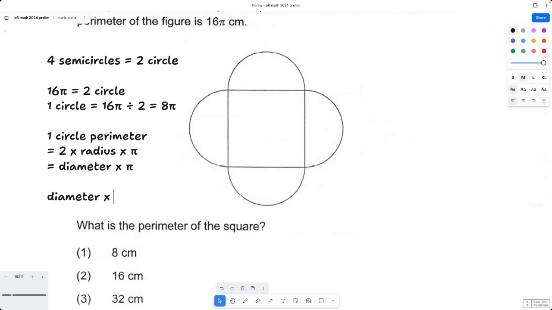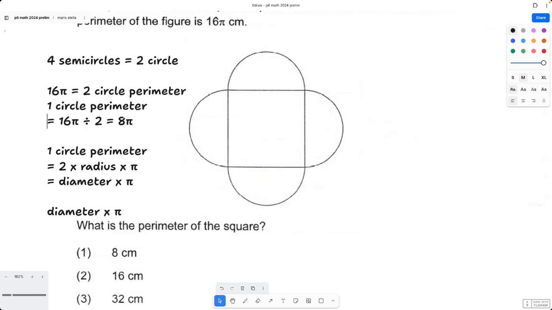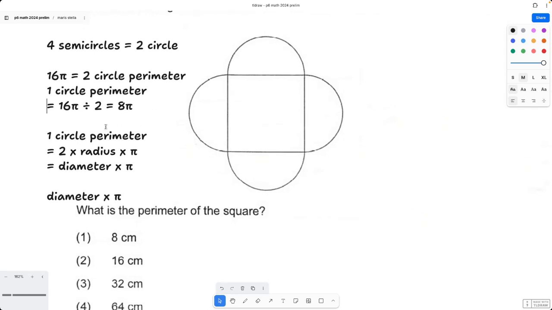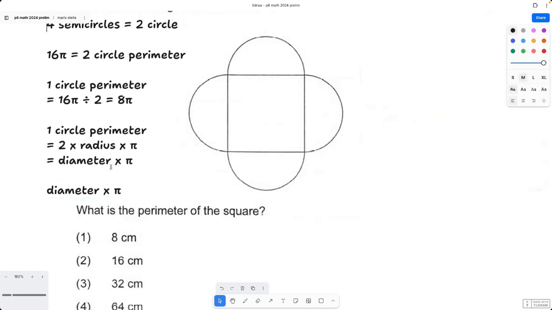Okay, so now we know this one circle parameter is basically diameter times pi. So 8 pi is equal to diameter times pi.